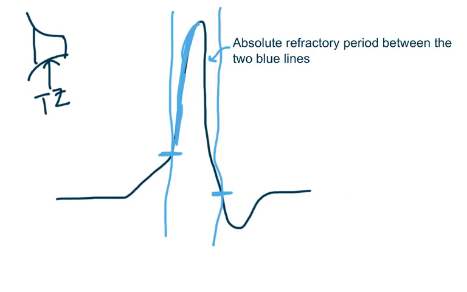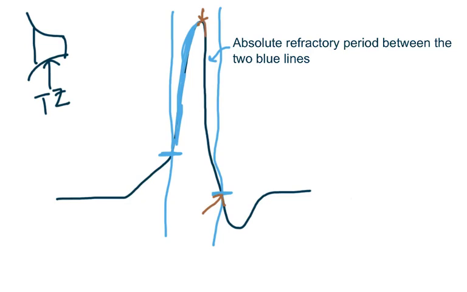The other reason you can't generate an action potential during this time is, remember, right up here at plus 35 millivolts, we said that the voltage-gated sodium channels are closed tightly, okay? And that they remain tightly closed until we get down here to minus 70.